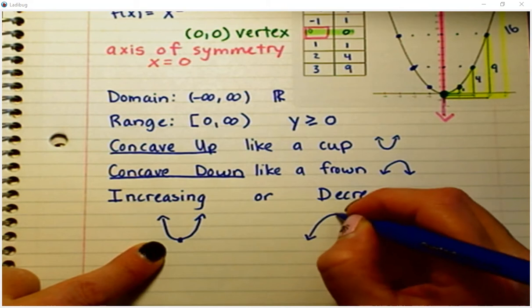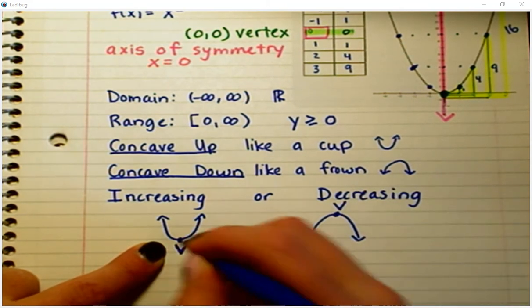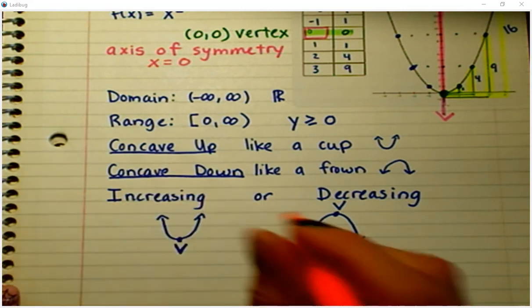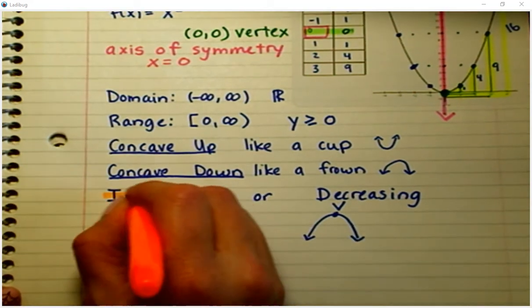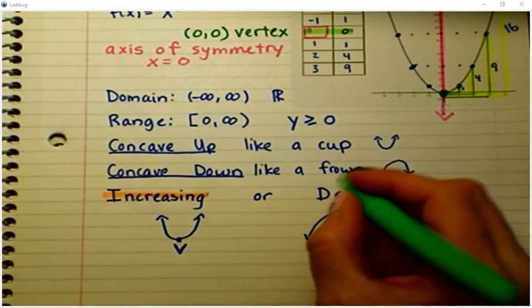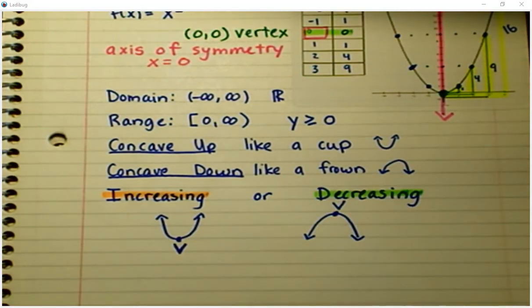And put a little dot on here for the vertex. So try to make your picture look symmetric with the vertex in the middle. And we're going to highlight or identify some different pieces here. So we're going to do increasing and we're going to do decreasing. And we're just going to highlight the parts of the parabola that correspond to that word.